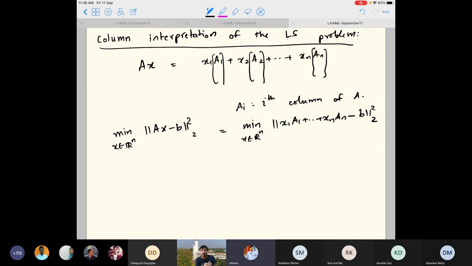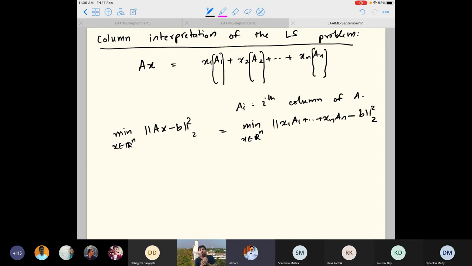If b happens to be in the column span of A, there exists a linear combination x1, x2, up to xn of the columns of A which will give you exactly the vector b. In that case, this cost function will evaluate to 0, and that's the solution to your least squares problem. That is something we already know.